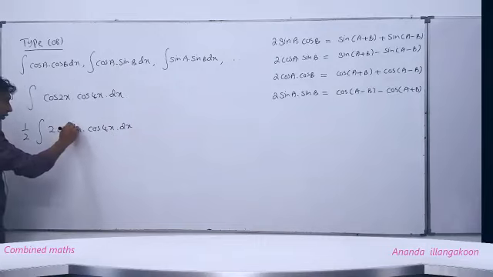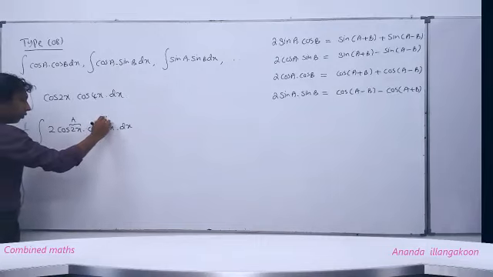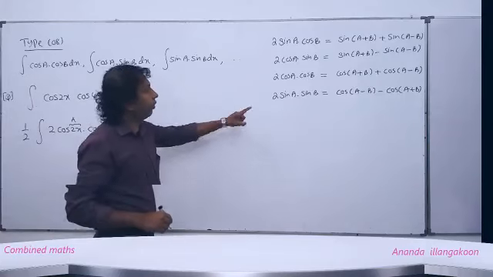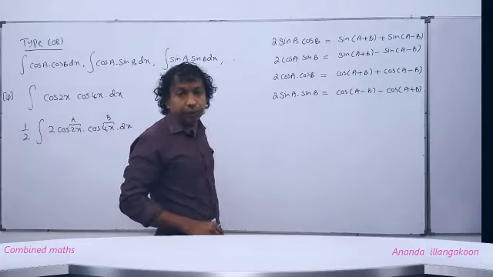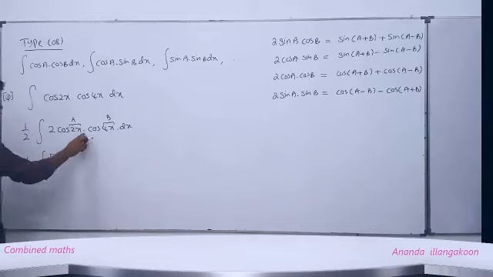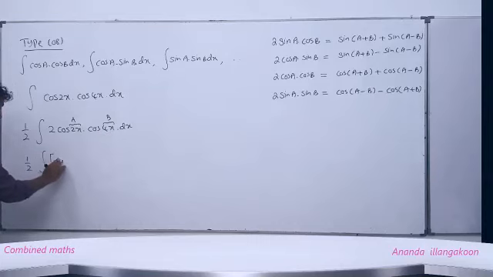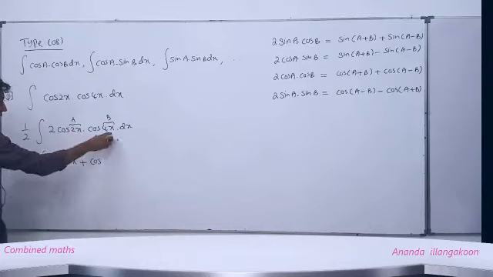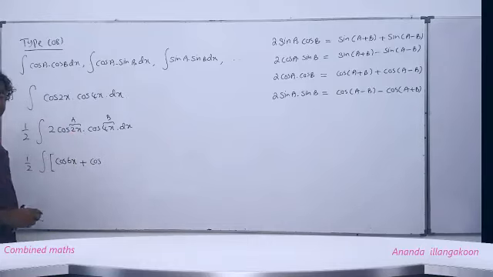When you take this 2x as A, 4x as B, then for this one, you can apply this formula, 2 cos A cos B. Then you can write it like this, half integration. This one you can write cos A plus B, 2x and 4x, 6x, no? Plus cos A minus B, 2x minus 4x, minus 2x, no?